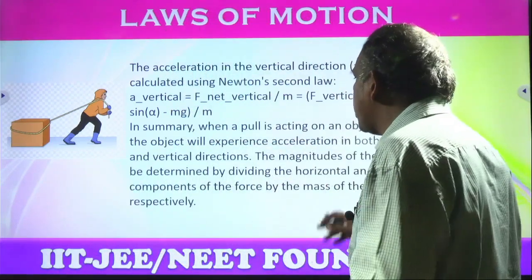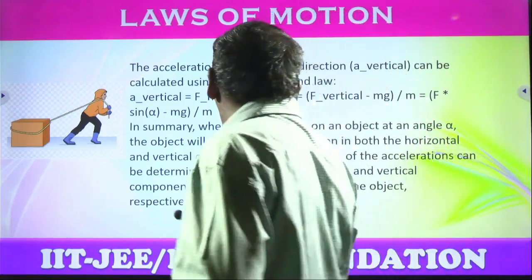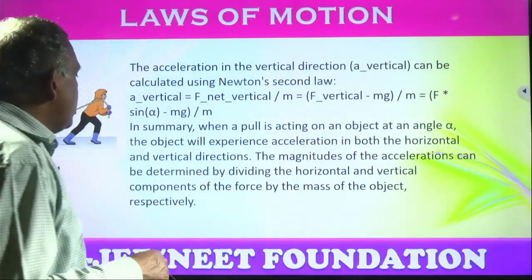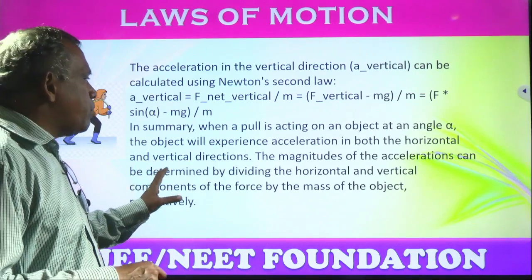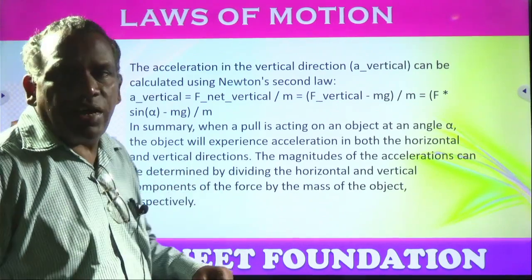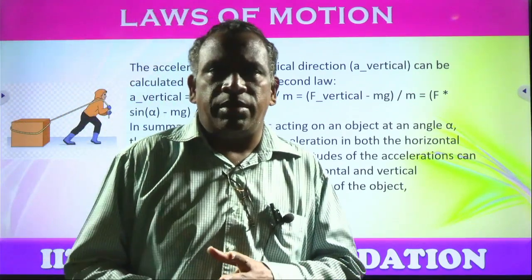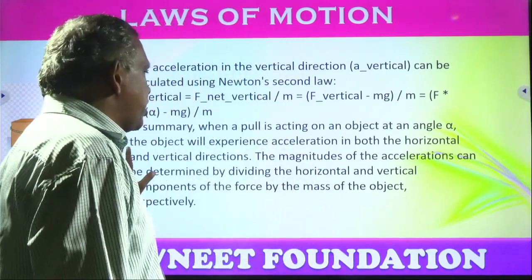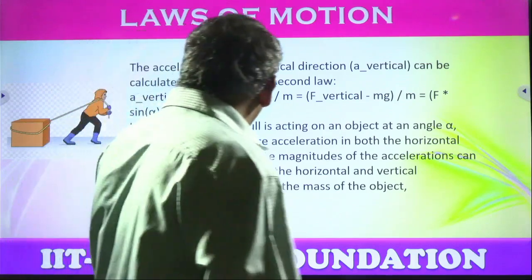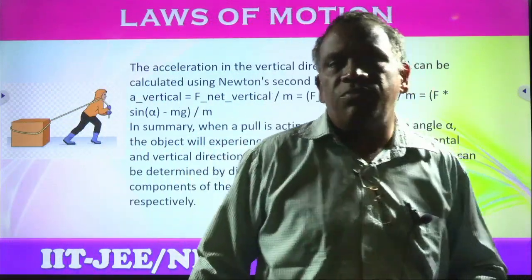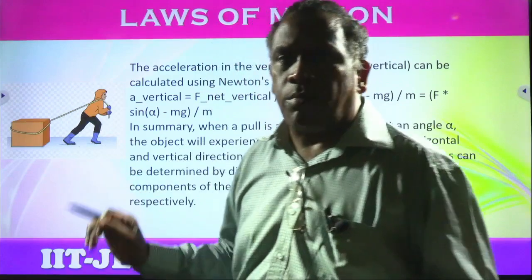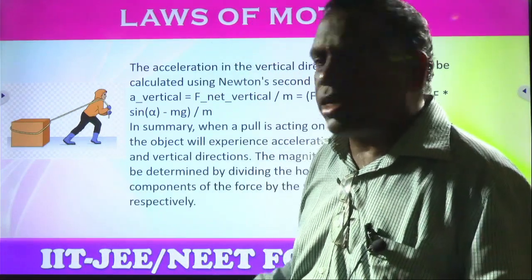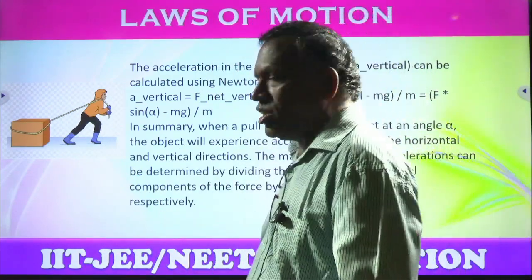In summary, when a pull acts on an object at an angle alpha, you can find the magnitudes of the horizontal and vertical components of acceleration using the above formulas.